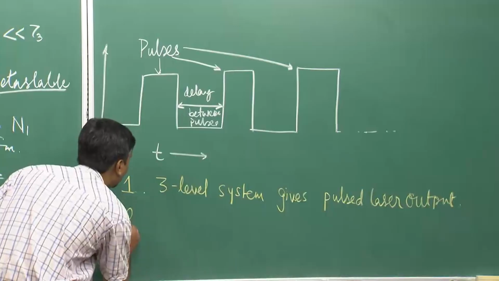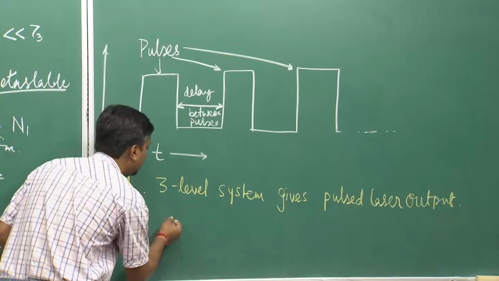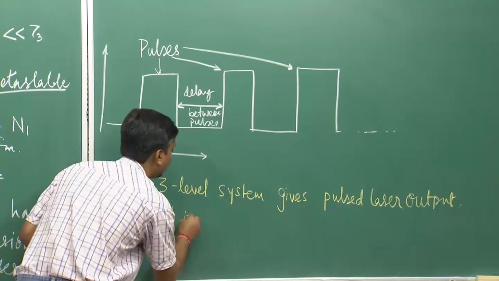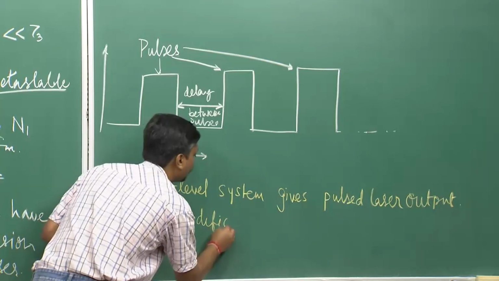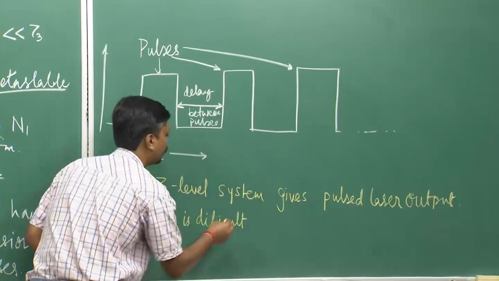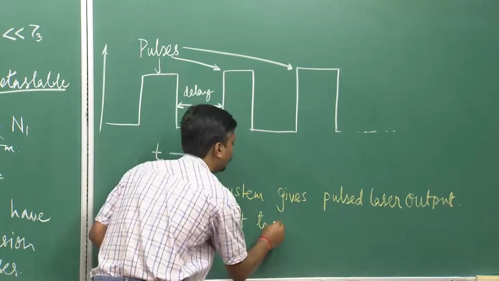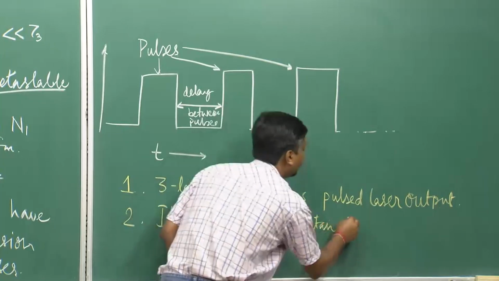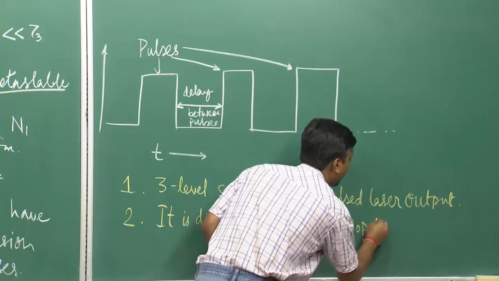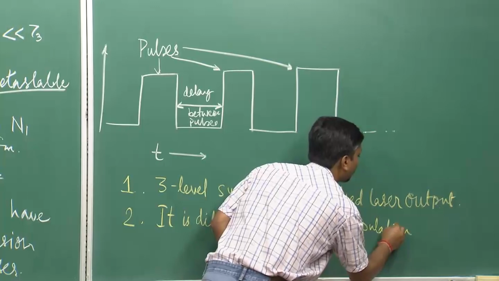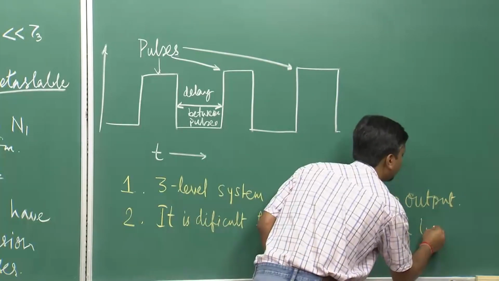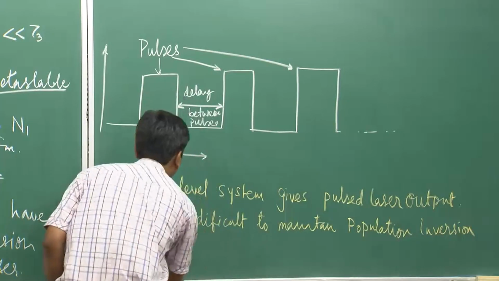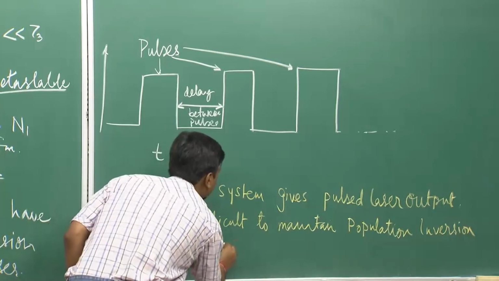So, the second thing is that it is difficult to maintain population inversion in a three-level system.